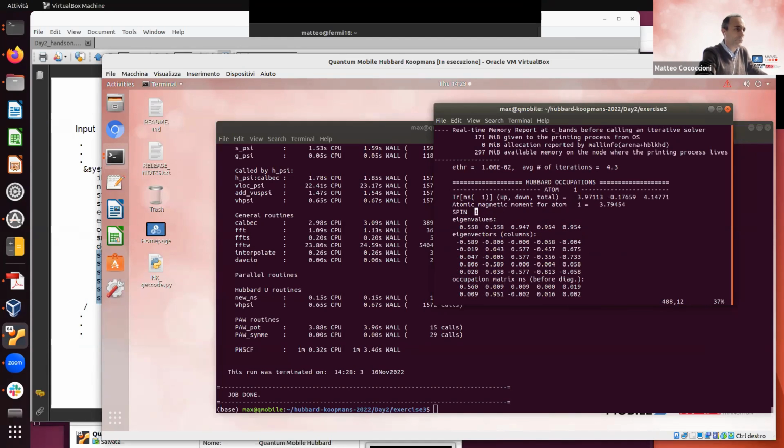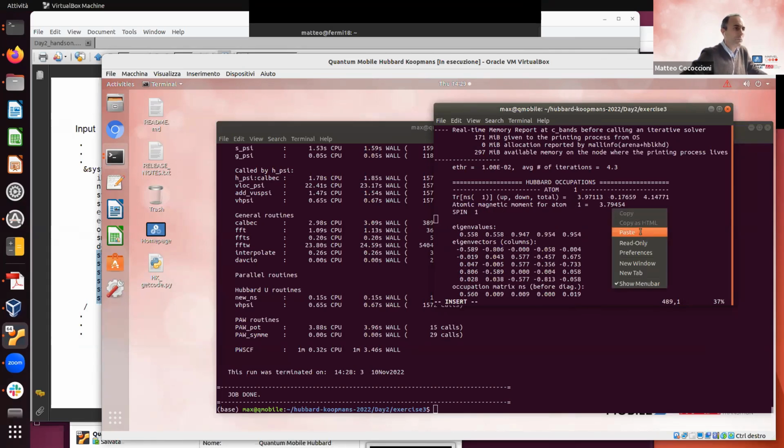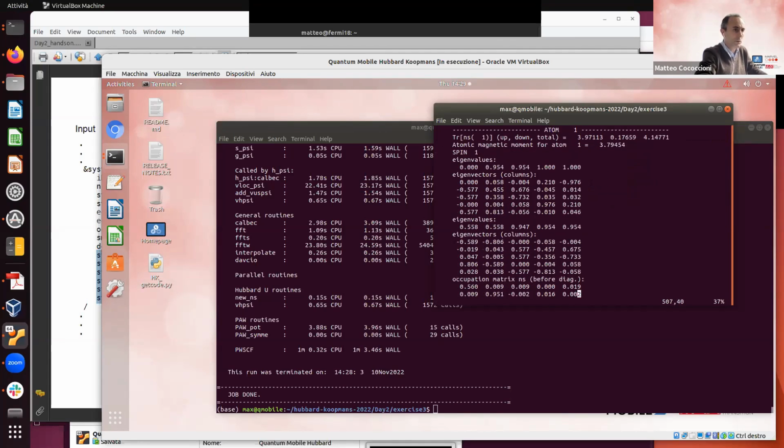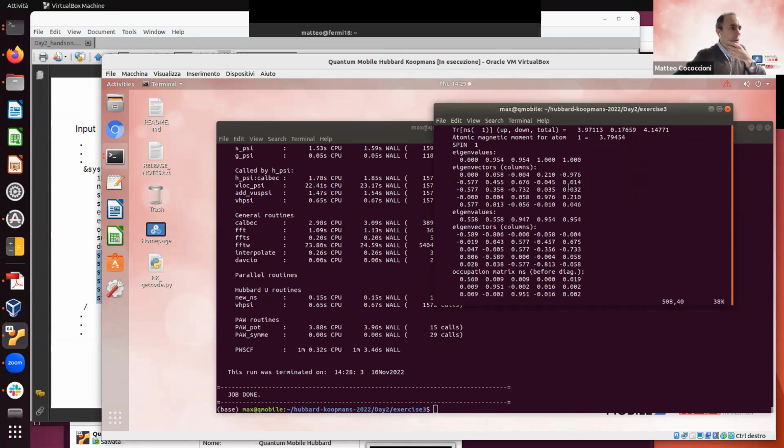So these are the new occupations, and below we get the old ones. So we can recognize now the states based on their components on the D states.